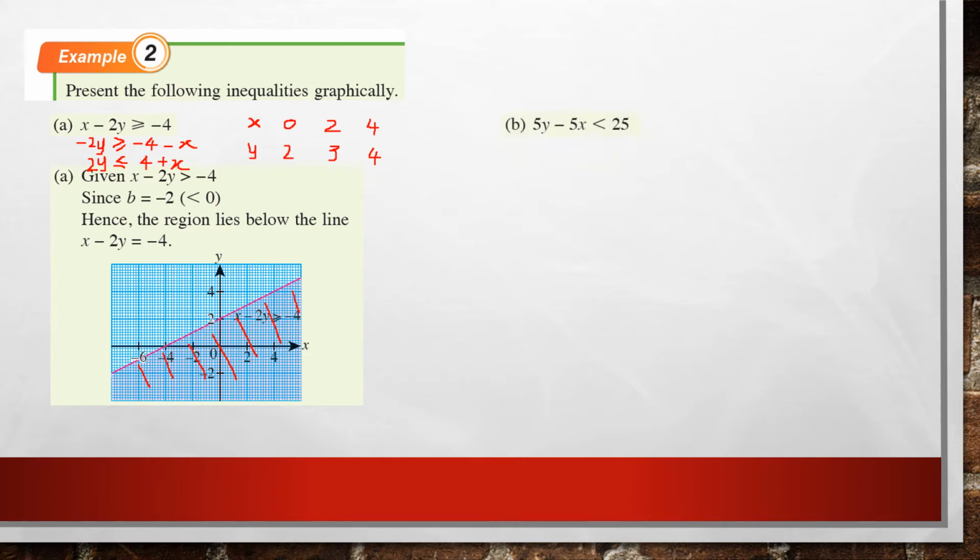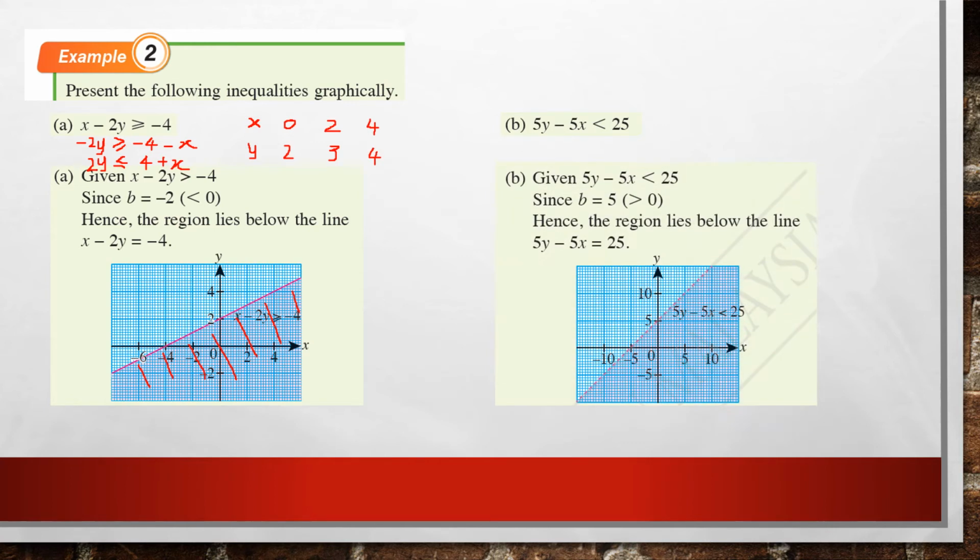Next, we look at part B, 5y minus 5x less than 25. This is the solution given in the textbook. Given 5y minus 5x less than 25. Since b is 5, greater than 0, where b means the coefficient of y.